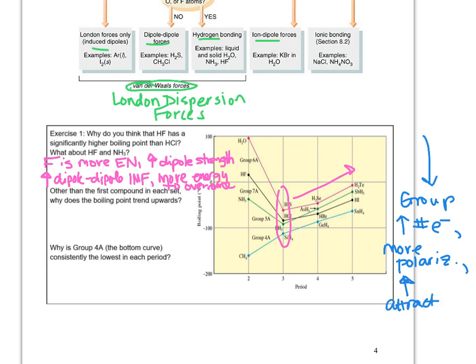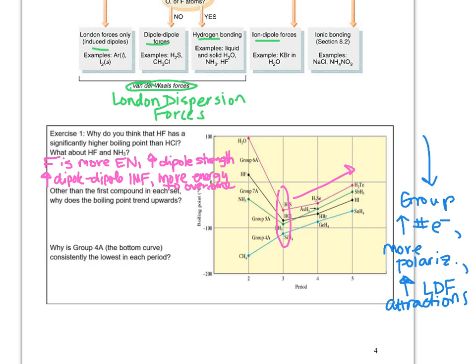So it means that the shift of electrons is greater. So there's a greater shift in the electron clouds. Even if they are polar, we still have London dispersion forces. So we're going to see that the London dispersion attractions, or LDF attractions, are going to get stronger. So we still have our polarity, our dipole-dipole, but now we're increasing the strength of those dipoles because of the polarizability. So that's why the boiling points are going up as you go down.